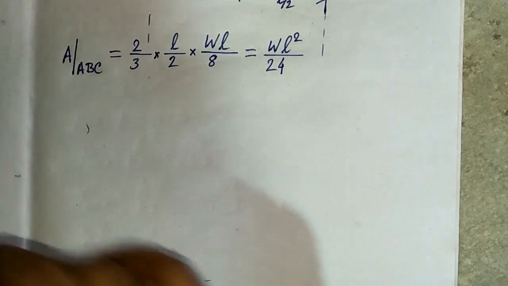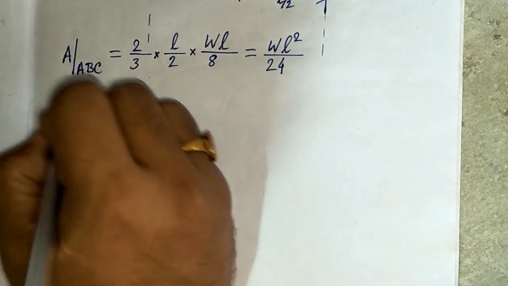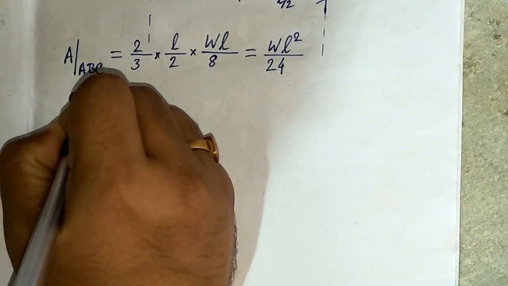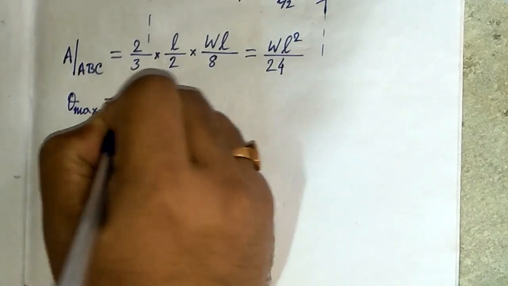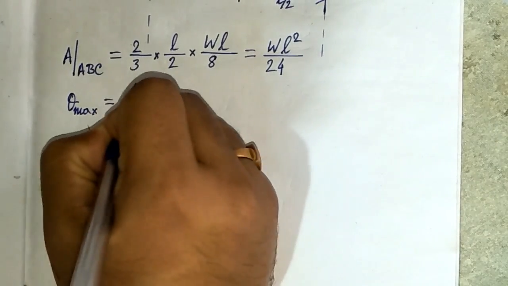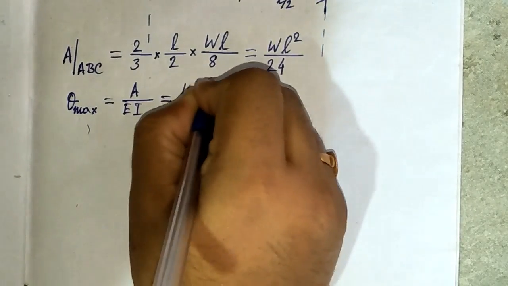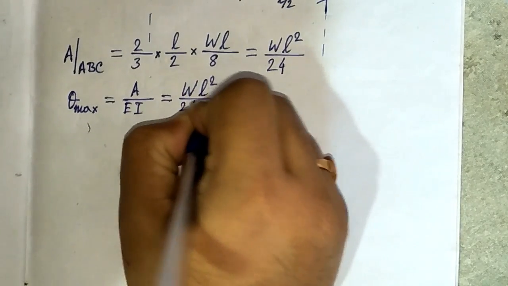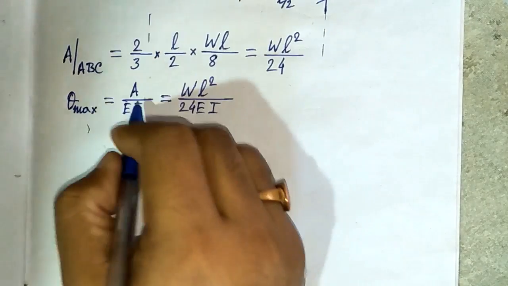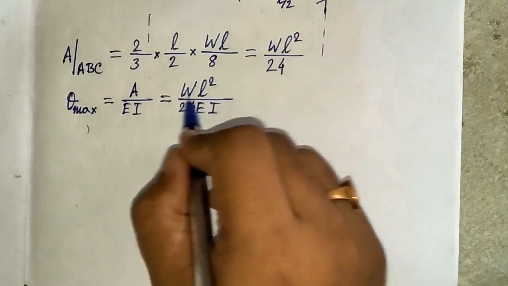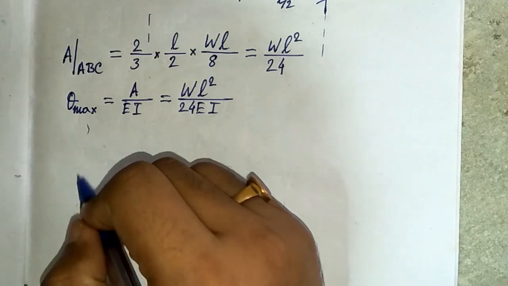Now we are going to find the slope. The slope equation is theta max equals A by EI. By substituting the value of A, we get WL square by 24 EI.